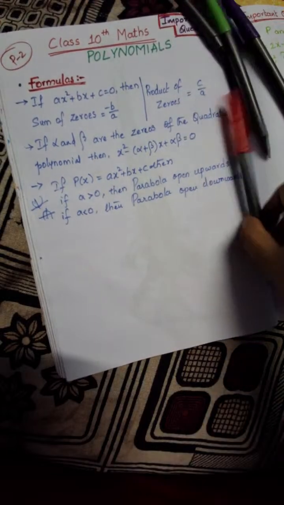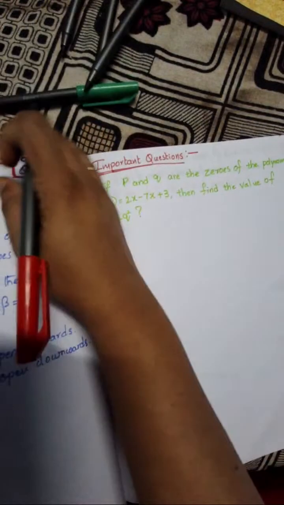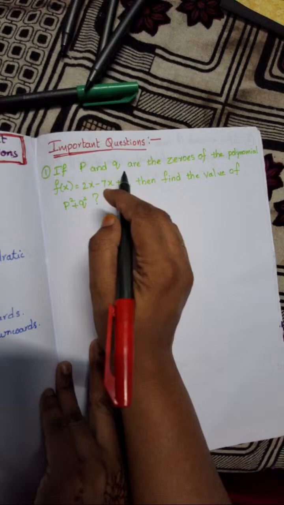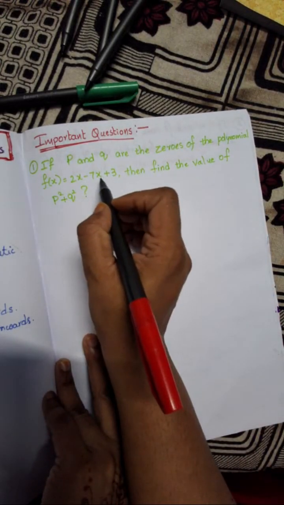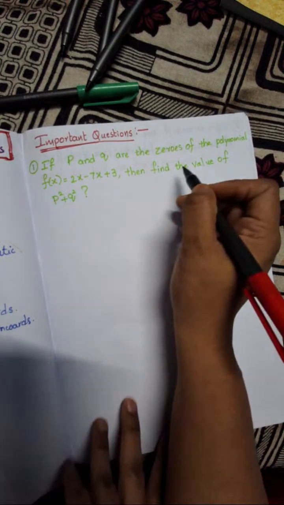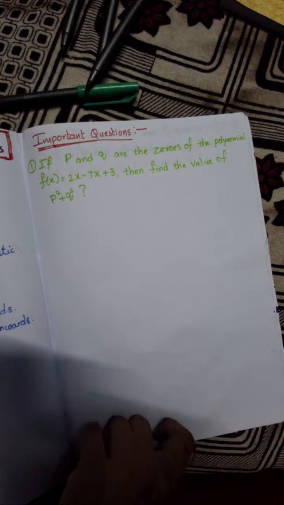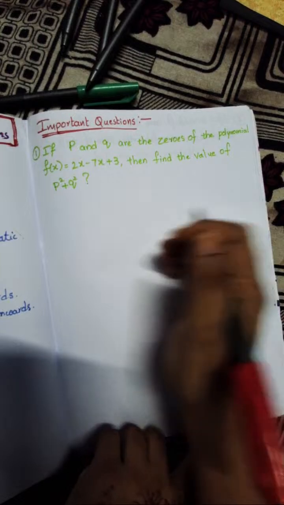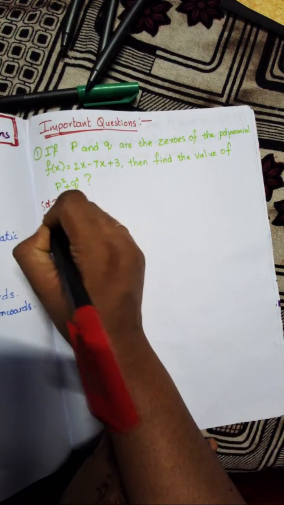Now I am going to solve important questions here. If p and q are the zeros of the polynomial f of x equal to 2x square minus 7x plus 3, then find the value of p square plus q square. Okay, children, this is given here, and I have already written this question, so I am going to solve it in very easy steps.